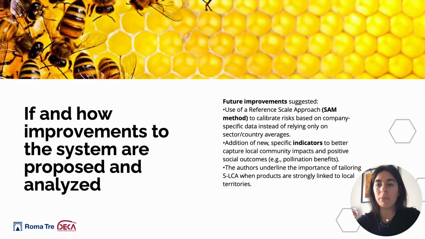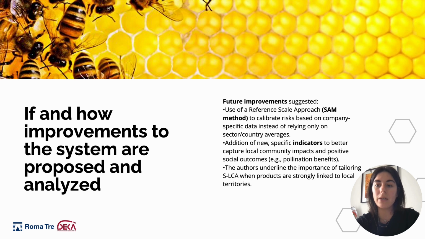In terms of system improvements, the authors suggest several methodological advancements. First, they recommend the use of a reference scale approach, such as the subcategory assessment method, to better calibrate the risk levels using company-specific data rather than relying exclusively on sector and country averages. Second, they highlight the potential value of adding new context-specific indicators, especially for capturing local community impacts and positive outcomes.